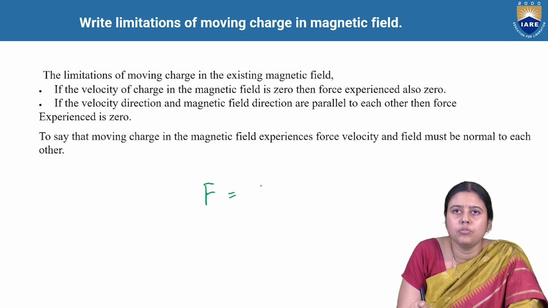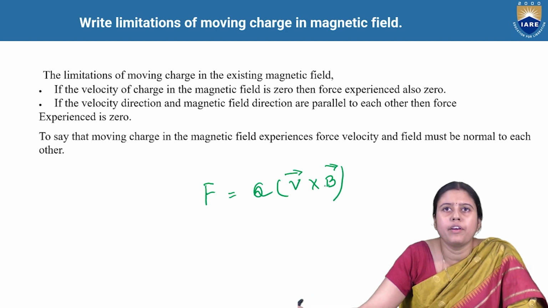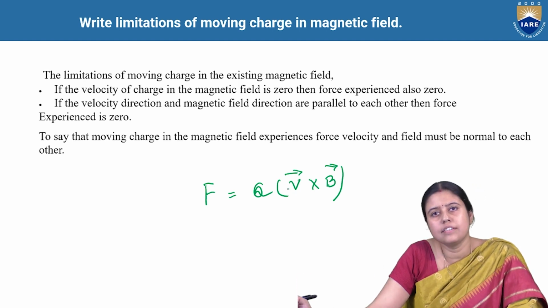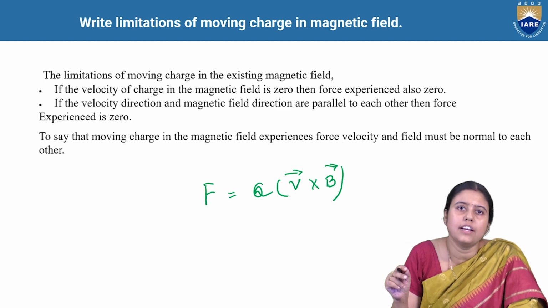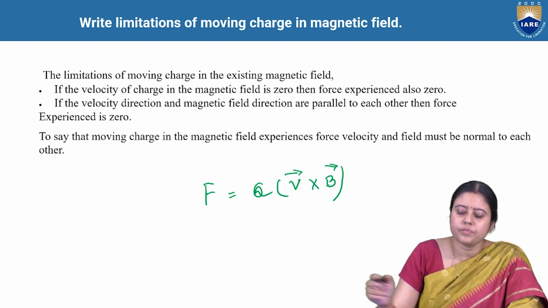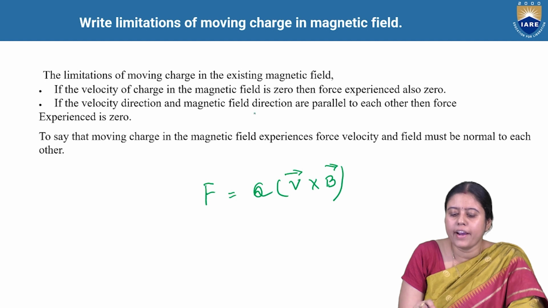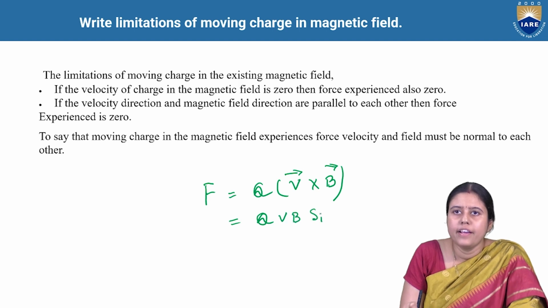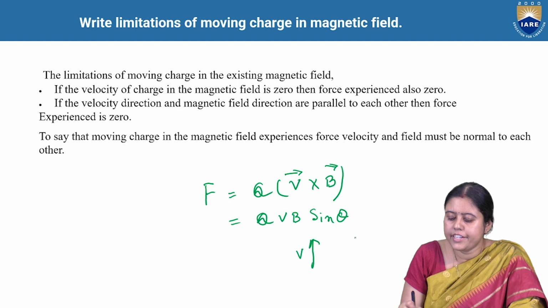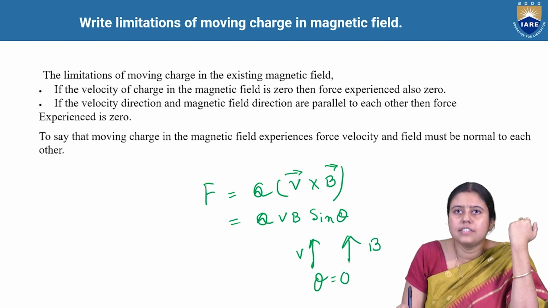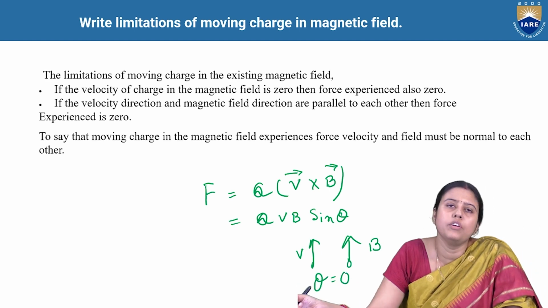We wrote F equals QV cross B. If the charge velocity is 0, it means it is a stationary or static charge, so the force equals 0. Also, if the velocity direction and the magnetic field direction are parallel, we can write QVB sin theta, and in this case theta is equal to 0 degrees. Again, the force will be 0.